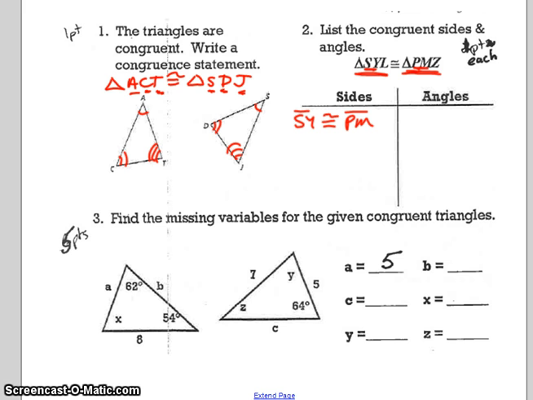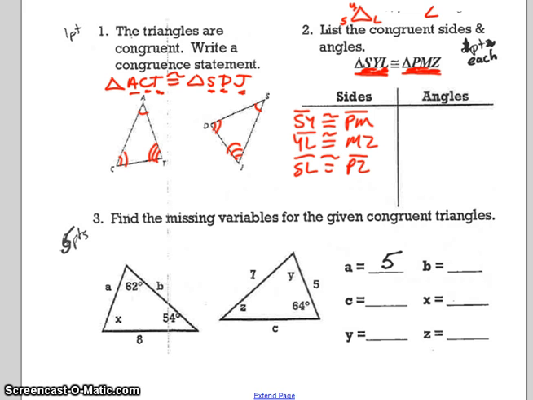One of my congruent sides. Remember, it's a triangle, so it's three sides. Now YL, MZ. The last one would be the outer edge of the letters, SL and PZ. If you're not sure, go ahead and draw a picture. Okay?